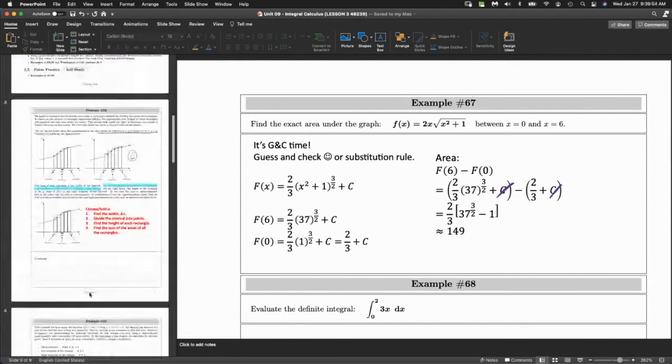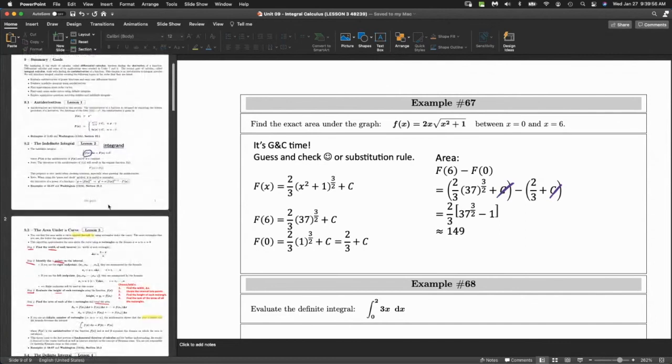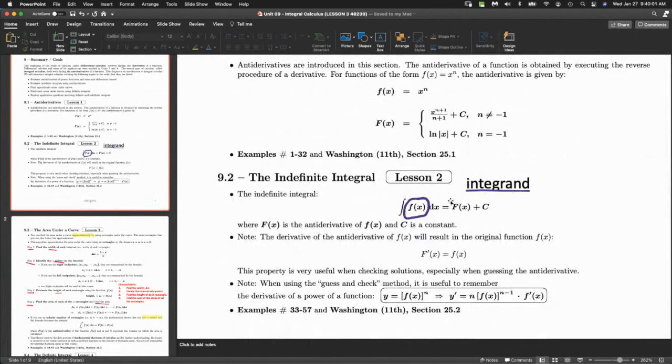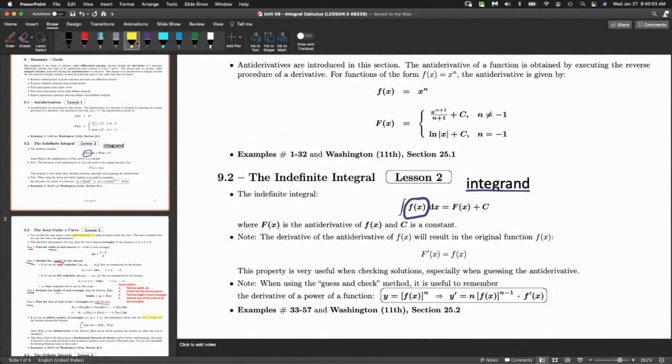I want to go back to the beginning of today and remind you about this. We started off here, and I mentioned this formula to you last week. Remember this dx here? And I said to you, what the heck does the dx mean?